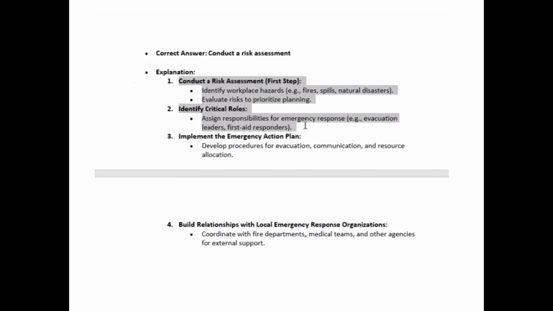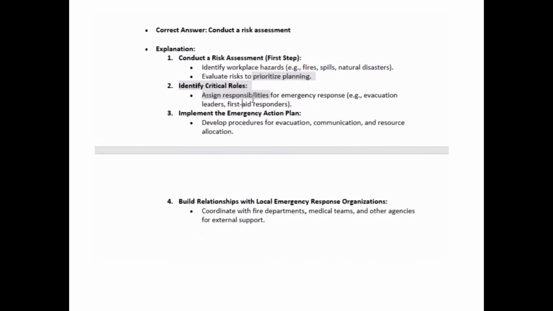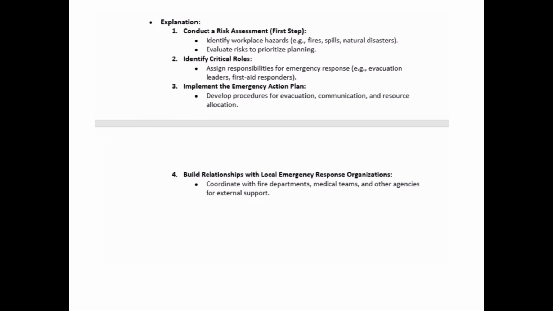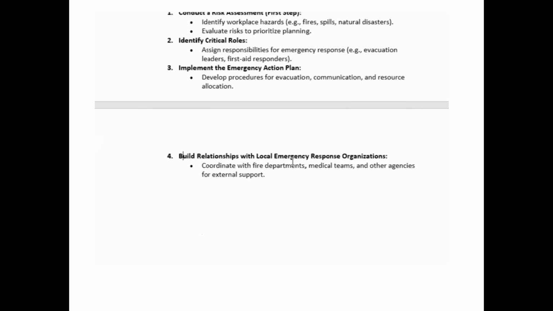First we identify the most dangerous things, then we allocate critical roles accordingly. Person A is responsible for that, person B is responsible for that. Then the action plan, then at the final stage only, building relationships with the local emergency response organization.